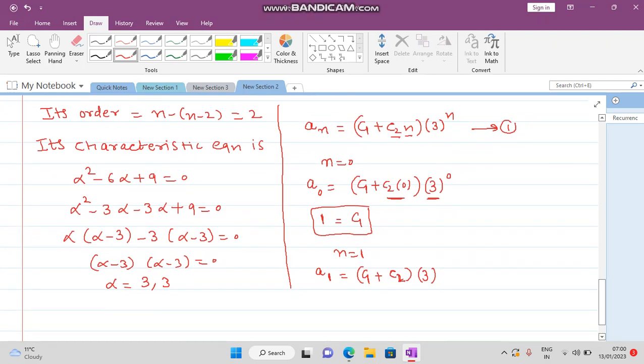So it is 3C1 + 3C2. But you see here that the C1 value is also 1. So 6 is equal to 3 + 3C2. So 3 is equal to 3C2. So C2 is 1.